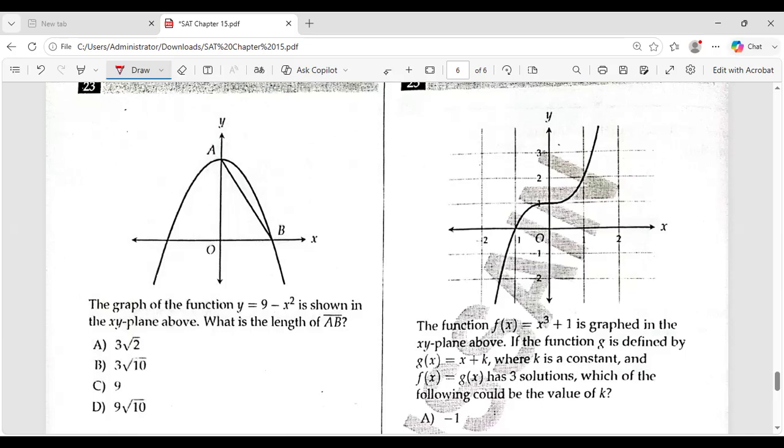This question is going to test you on the basic concepts of algebra as well. So you must know the basic concepts of algebra to solve question number 23.